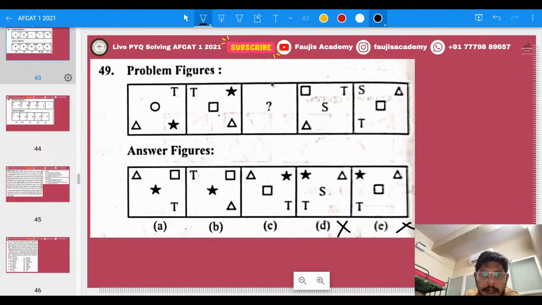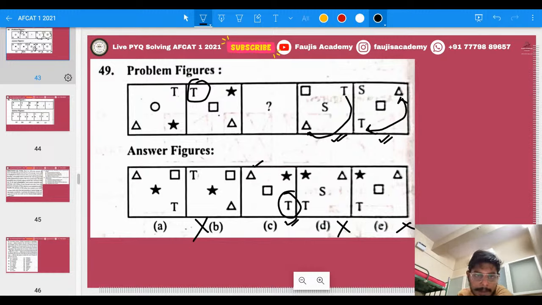So right now what will happen? This T and this will change their places. Why? Because if we look more closely in these two, these two have changed their places, even though the orientation is the same, right? So we will have the triangle over here and T over here, which means B also gone onto a toss, right?